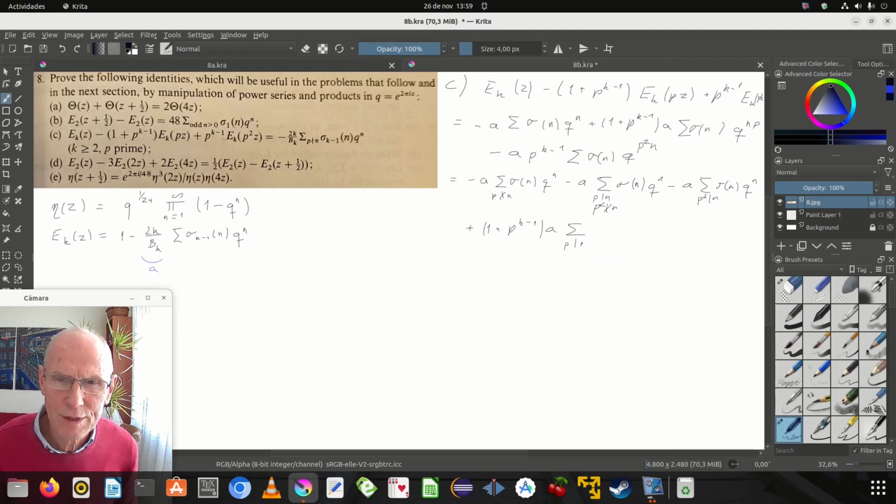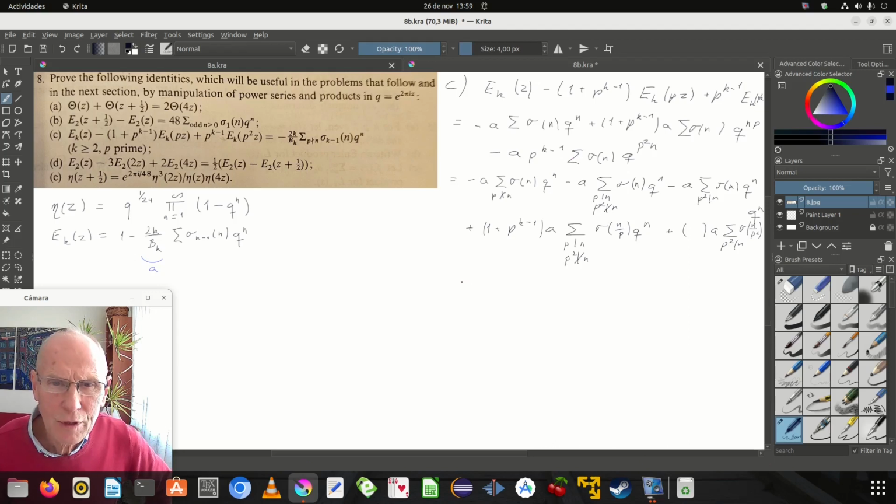And we separate the cases where p squared divides n. And then instead of summing over n, we sum over n over p. That's the new n. So it's sigma n divided by p, q to nth.